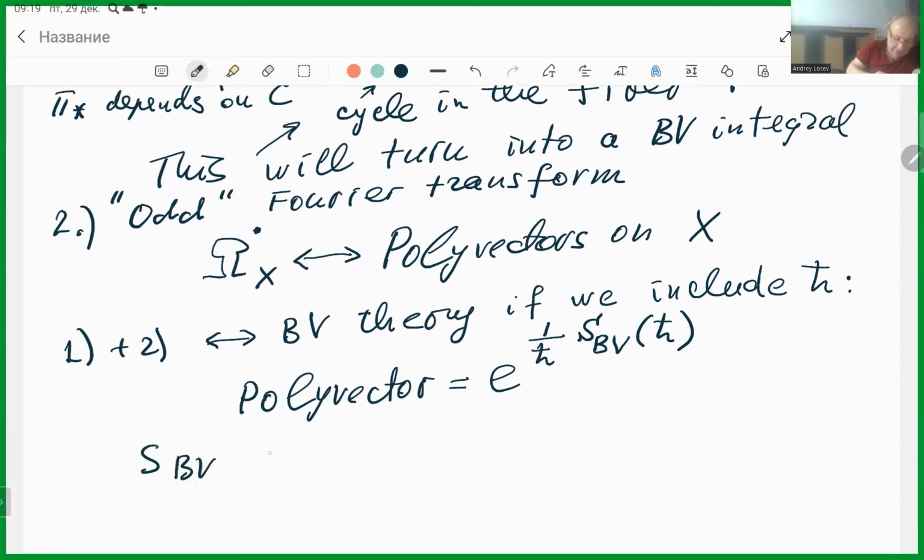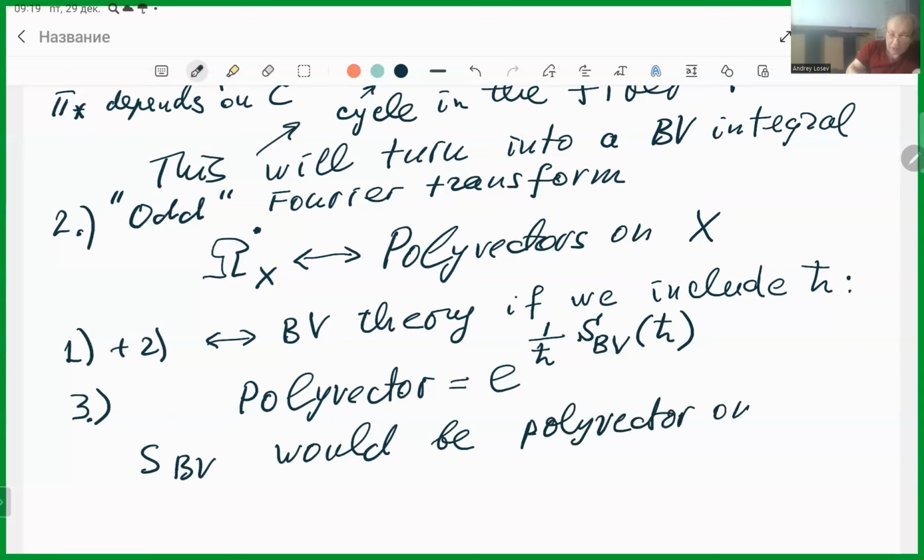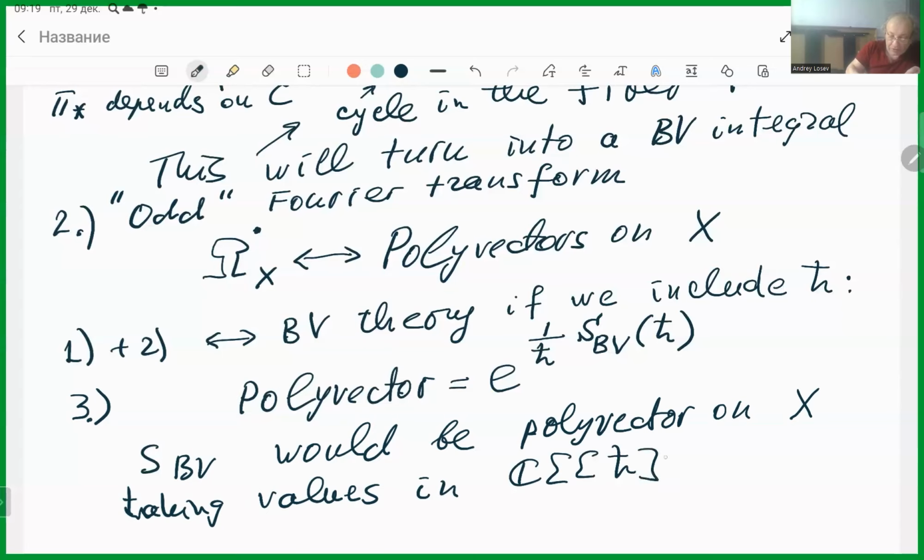So maybe this is idea number 3: a polyvector on X taking values in formal power series in H. So when we put together ideas 1, 2, and 3, we will get BV theory.